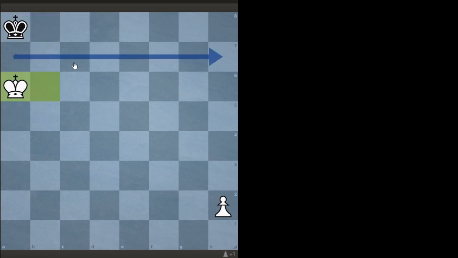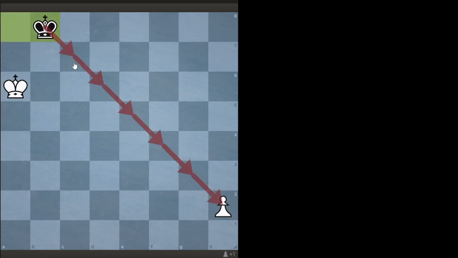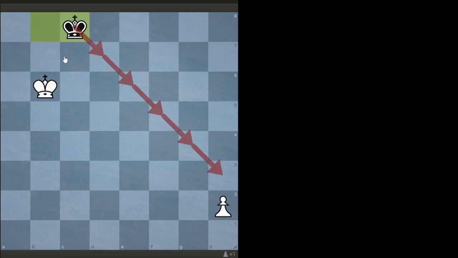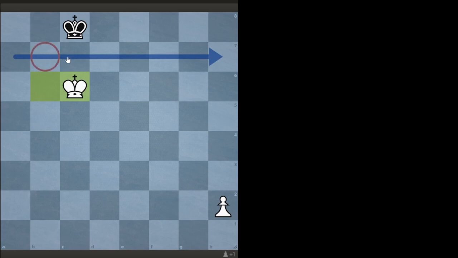And now after this we can see that black king tries to go the other way, but every time after the king moves on the last rank, white king has the opposition, not allowing the king to escape. And again, black king tries to escape, white king says no, I have control of the 7th rank squares, you cannot escape.